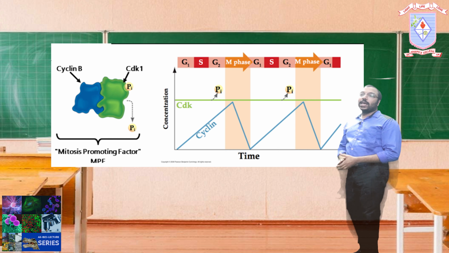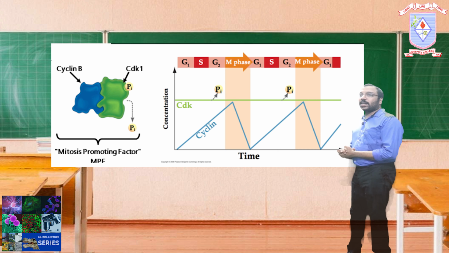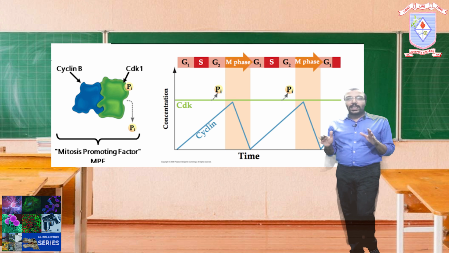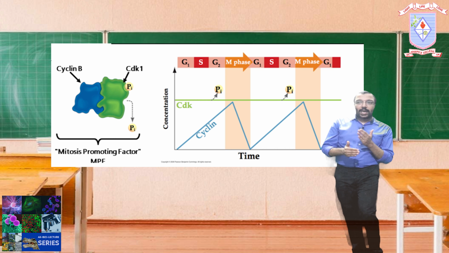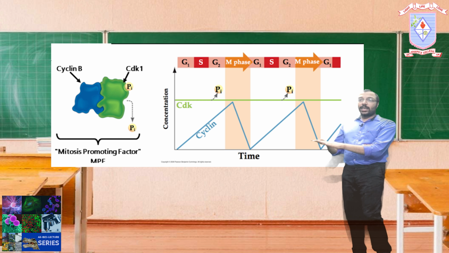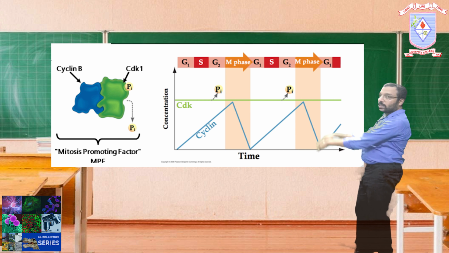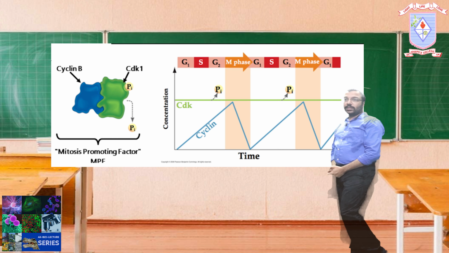From the graph, you can easily understand that the concentration of CDK1 does not vary much during the different stages of the cell cycle. But the level of mitotic cyclin, that is cyclin B, rises from G1 and reaches peak concentration during the G2 phase to M phase transition stage.